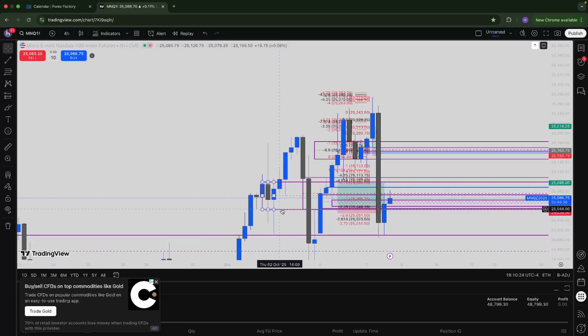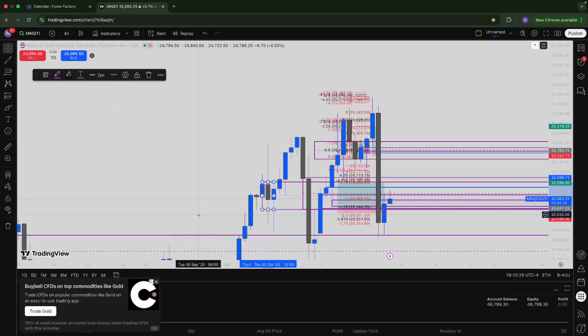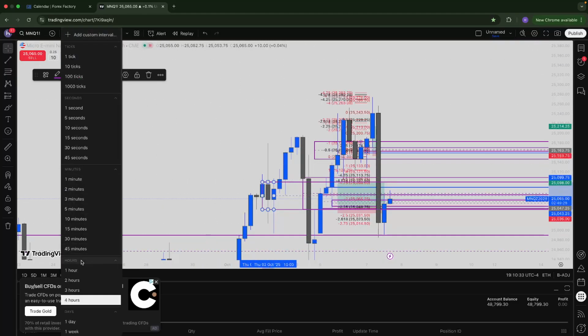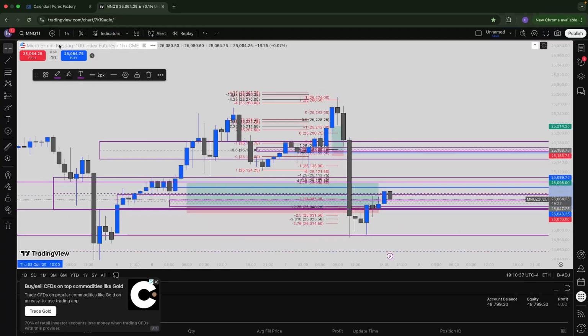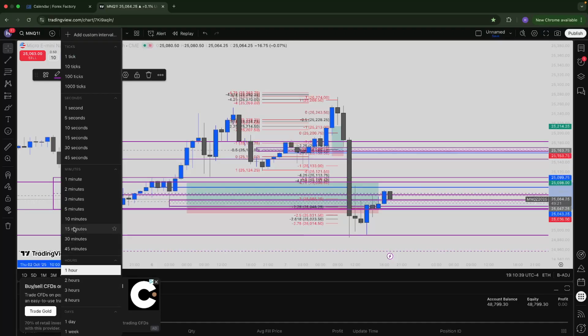And for this one, it's an hourly, but the trade is also in a 4 hour order block. So yeah, let's go over the trade.